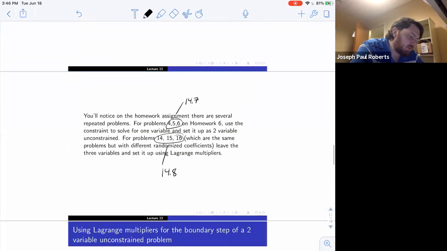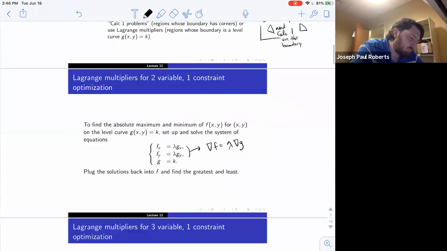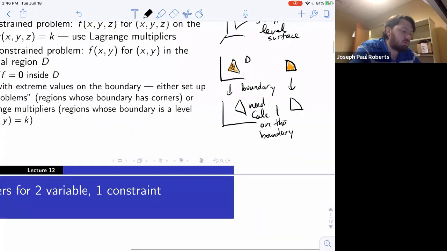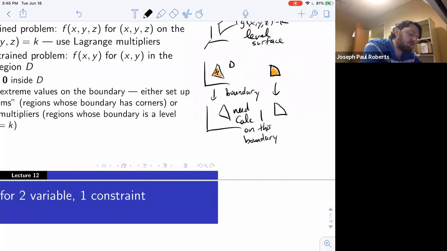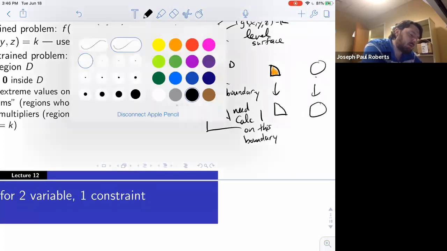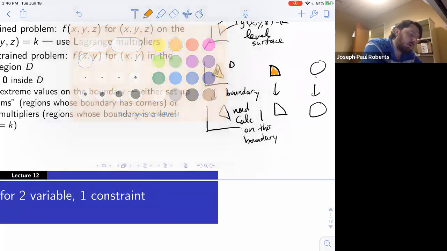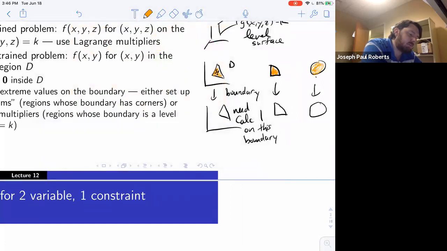So when you find yourself with a constrained problem, whether or not you use what we talked about yesterday or Lagrange depends on if your boundary curve has corners or not.